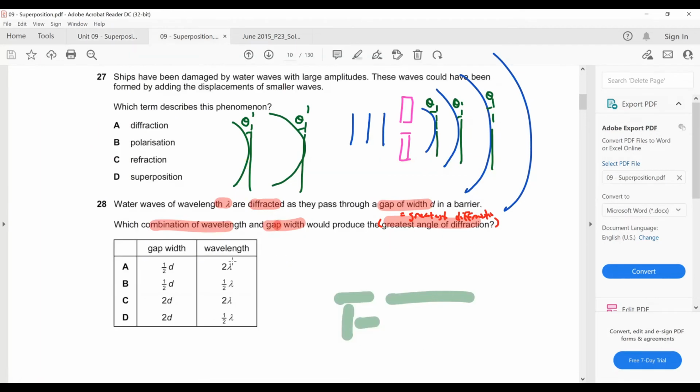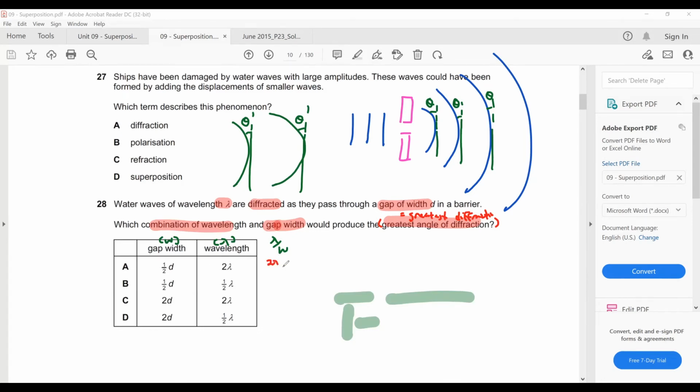So for your case here, this one you can think of as your width, and this one you can think of as your wavelength. So take the ratio of the wavelength to the width, so lambda divided by W. From here, what you get is lambda over D. Wait, maybe it's better I just write the working out.